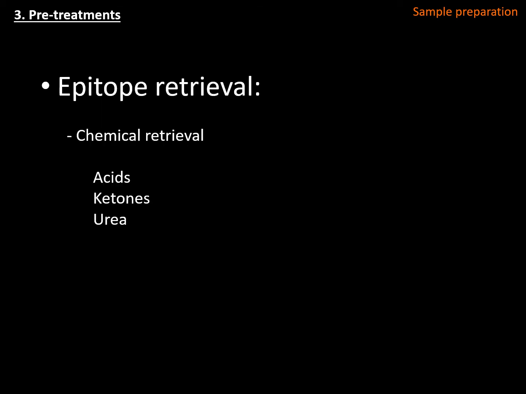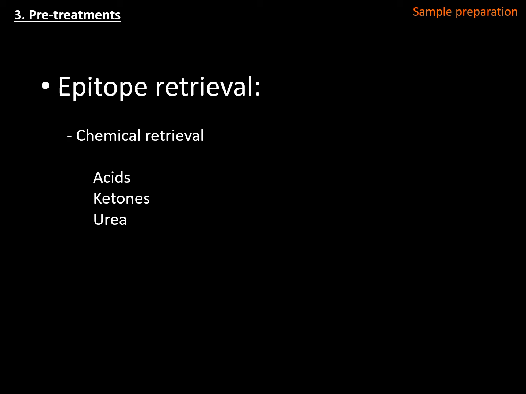Epitope retrieval is also sometimes necessary because the way the chemical aspect of fixation goes about it masks the three-dimensional conformation of your epitope, and you have to retrieve it or else your antibodies are not going to be able to recognize it.